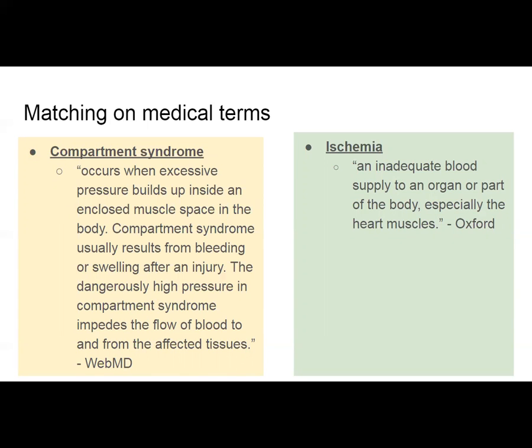It usually results from bleeding or swelling once you're injured. So you get dangerously high pressure, and it impedes blood flow to and from the tissues that are affected.